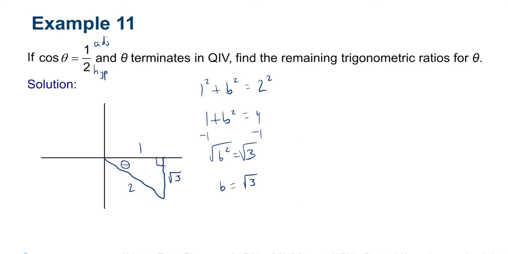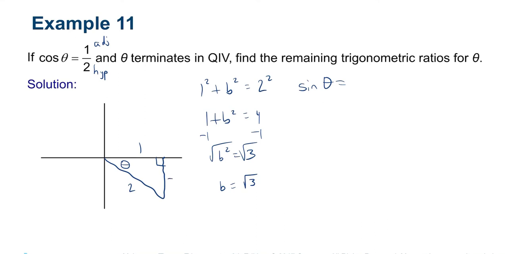All right, and now they want us to find the remaining trig ratios. Let's start with sine. We know that sine is opposite over hypotenuse. Oh, we do have to be careful with the signs here. We're going in the negative direction, so even though the length is positive, it's going in a negative direction, so you have to be aware of that.